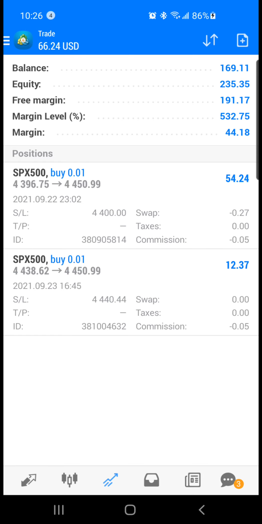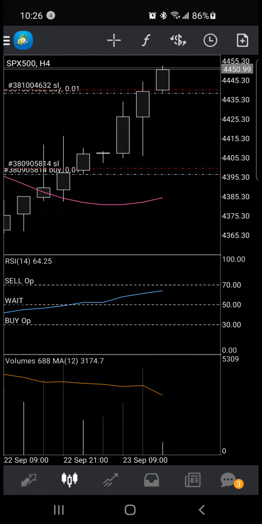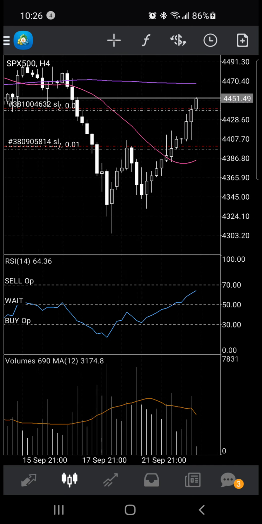So we're up about 660 points, if you will, or basically a 660x return. Both of the trades' stop losses are in profit, so these are risk-free trades. We'll see how far we go.